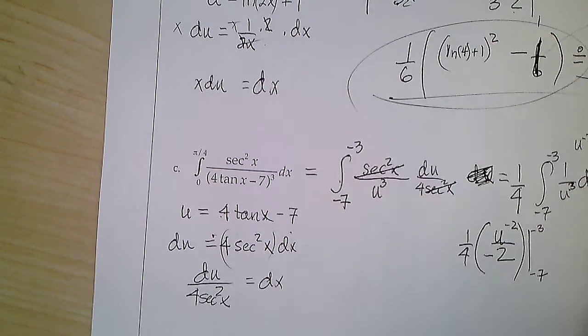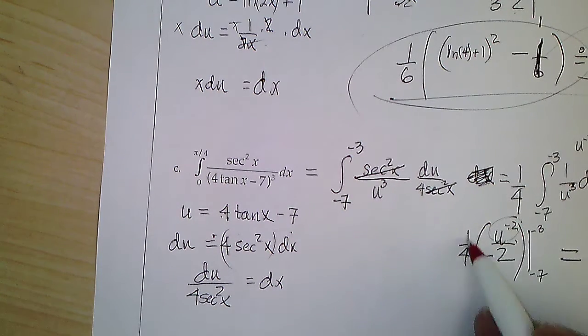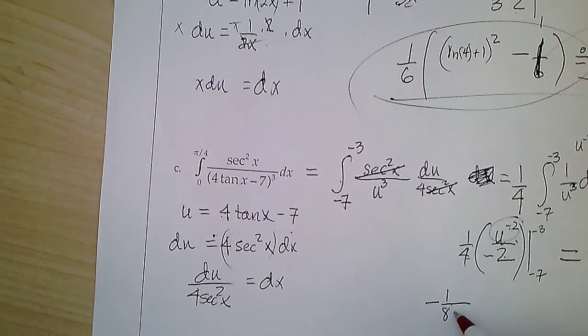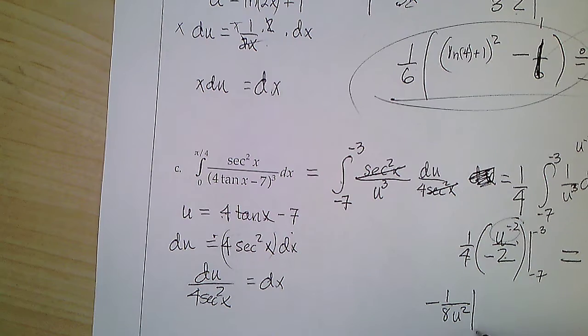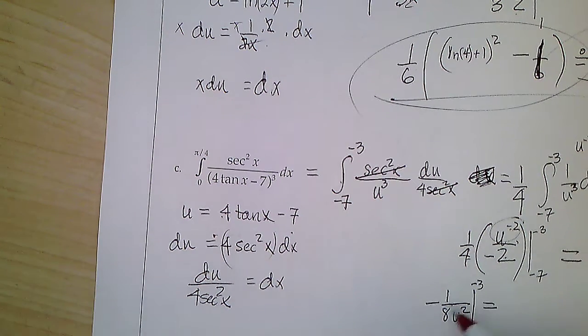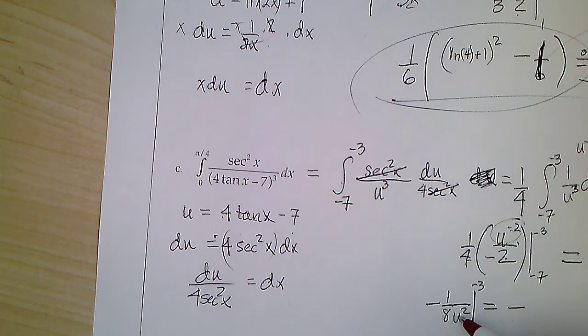I'm working it out, but this will work out to be, this means this goes in the denominator, so it's negative 1/8 and u squared down there. Evaluate from negative 7 to negative 3, which becomes minus 8 times 9 is 72.